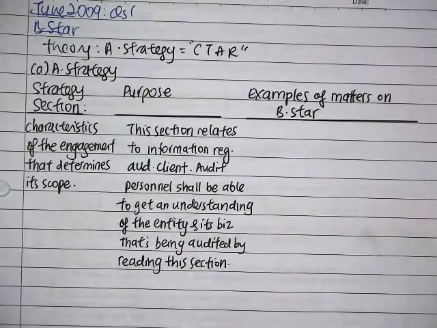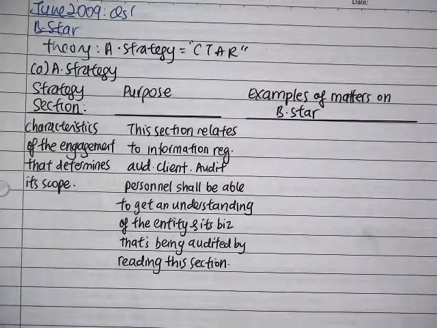So the whole purpose, as we said before, is to give all the audit staff and the team a way of knowing the business client, so that you know this is a client that you're going to audit. With this client, what kind of things do you expect? You read this part.